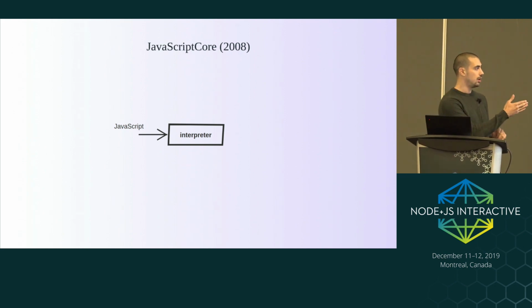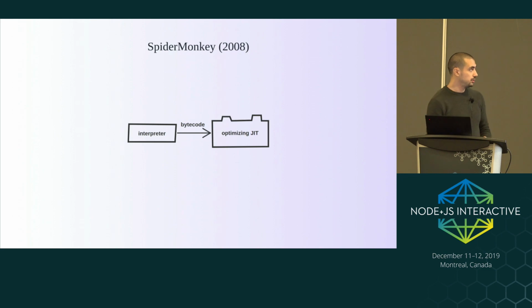Also no optimization either. For SpiderMonkey, around that time, they also had an interpreter, but they would also have an optimizing compiler that would target these hot paths we were talking about if a function was being executed too many times.